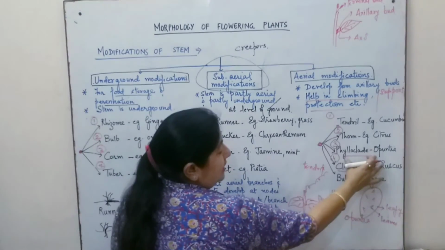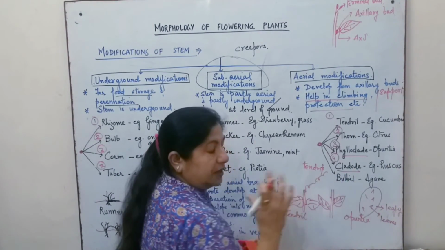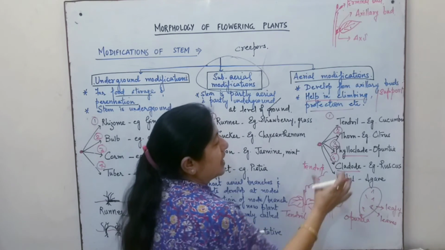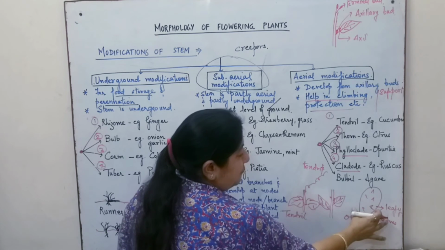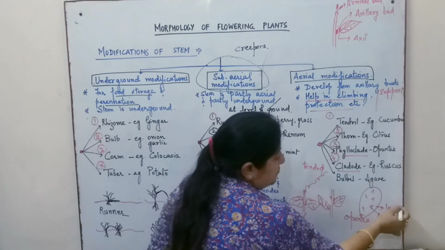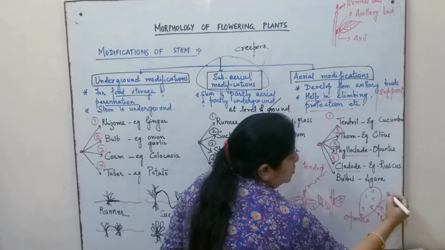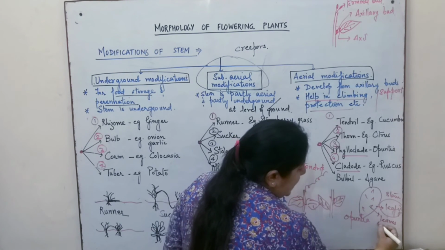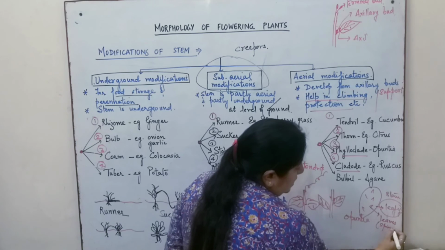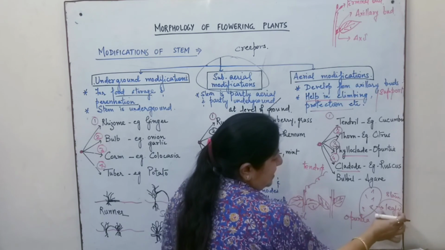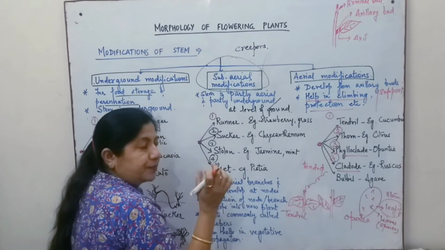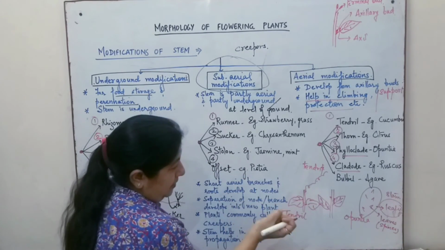So in the phylloclade, the stem shows the modification in the form of a leaf-like structure, whereas the leaves are modified as spines. So they are protecting the plant, and this structure is very fleshy.